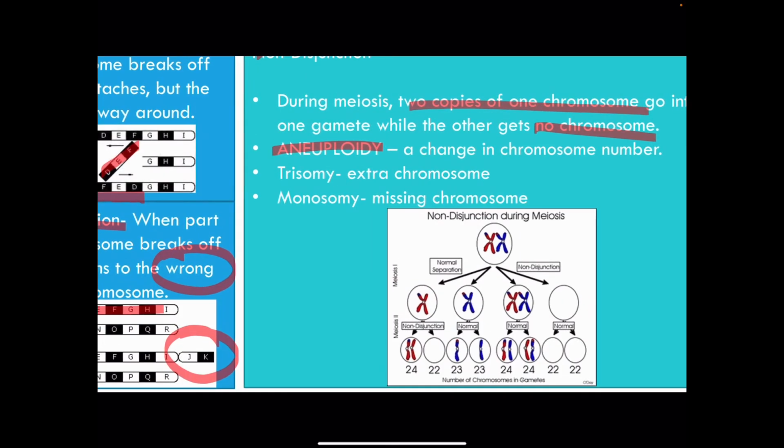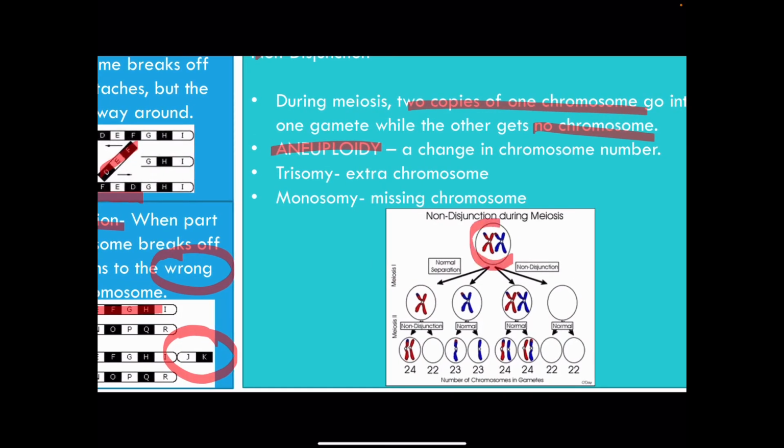Now, looking at this diagram here, we have a cell that's about to go through meiosis. Looking at a normal separation example, we've got one red chromosome going into this cell, one blue chromosome going into that cell, okay? Looking at non-disjunction, both the red and the blue chromosomes have gone into the same cell, whereas here, we've got no chromosomes, okay?